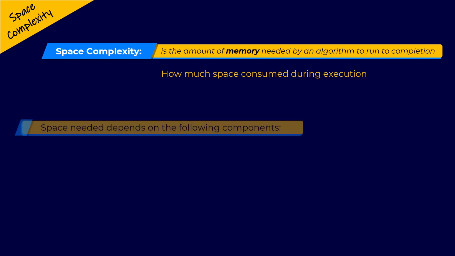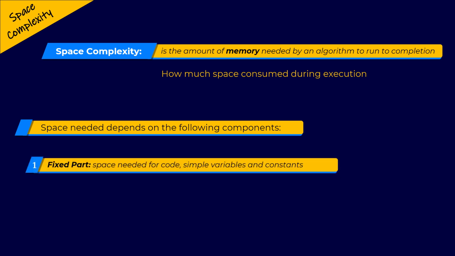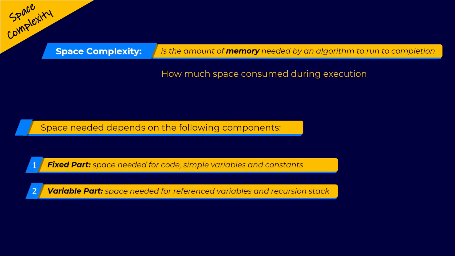Therefore, the space needed or consumed depends on the following components: the fixed part and the variable part. The fixed part is the memory or space needed for the code, that is, the instructions, space for simple variables, and space for constants. Whereas the variable part is the memory or space needed by the referenced variables and the recursion stack.